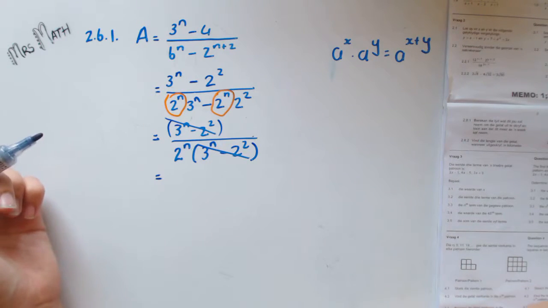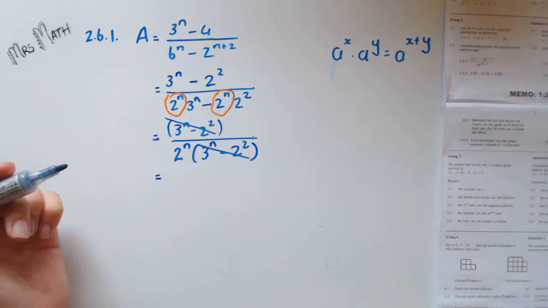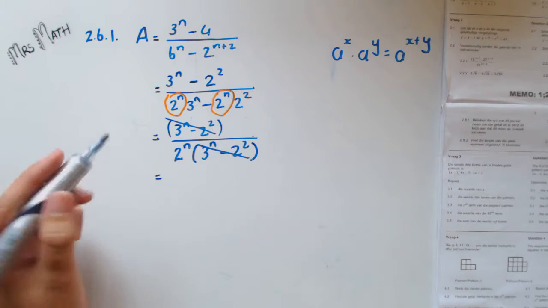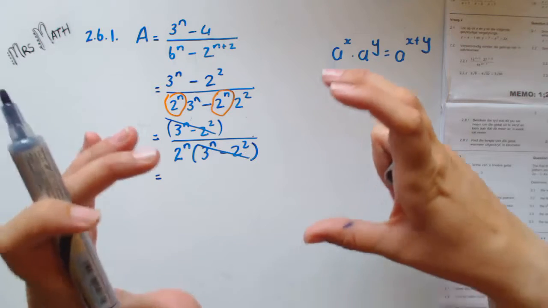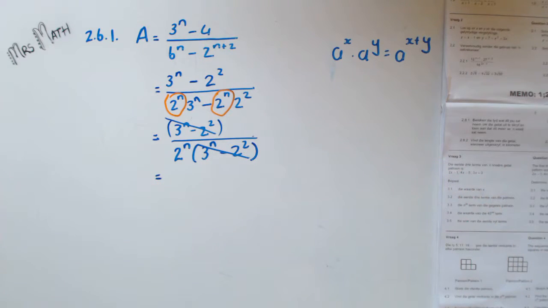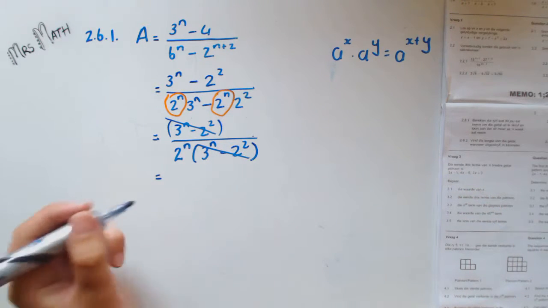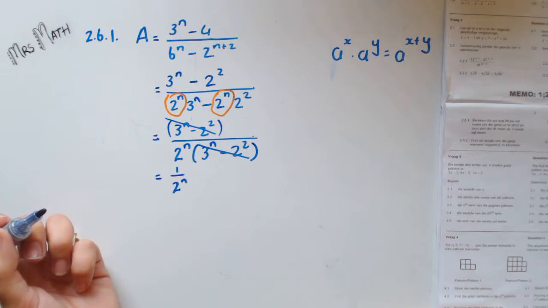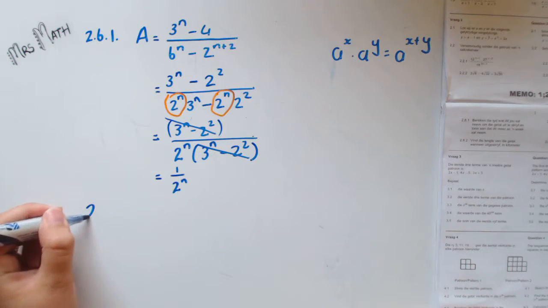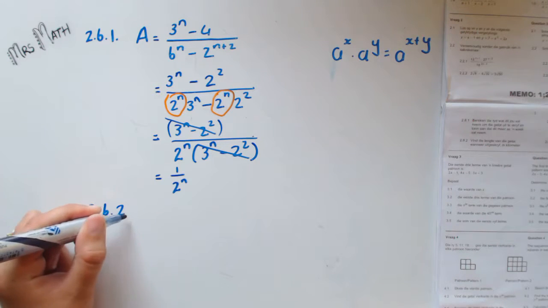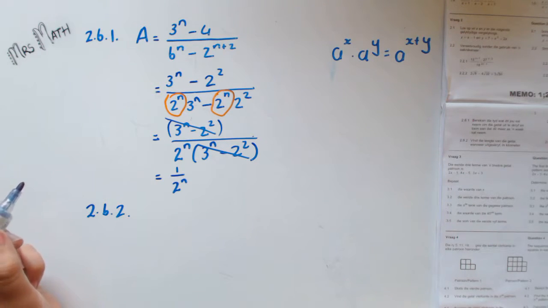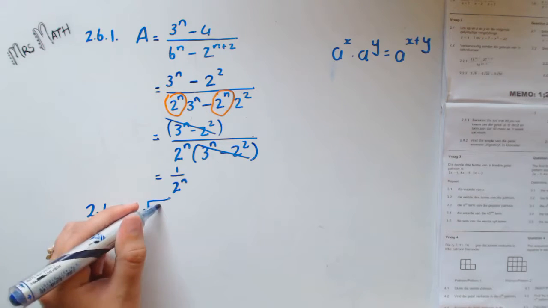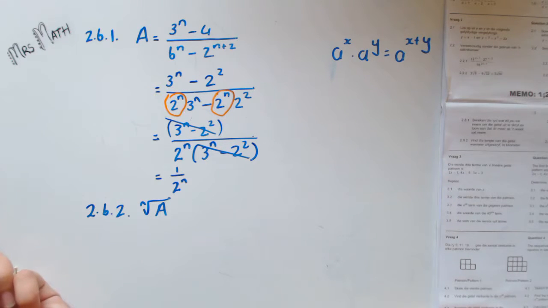You can't cancel if there's pluses and minuses unless the whole expression with pluses and minuses can cancel out. So that you can do here now. And then I'm left with 1 over 2 to the power of n. Okay, brilliant. And then 2.6.2 just says, hence determine the nth root of a.